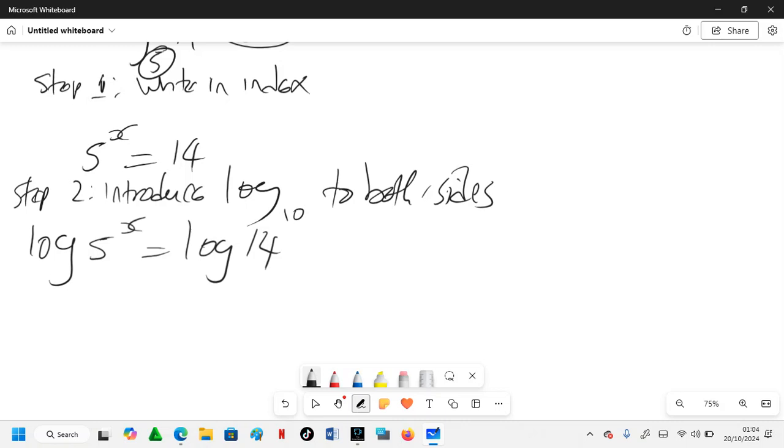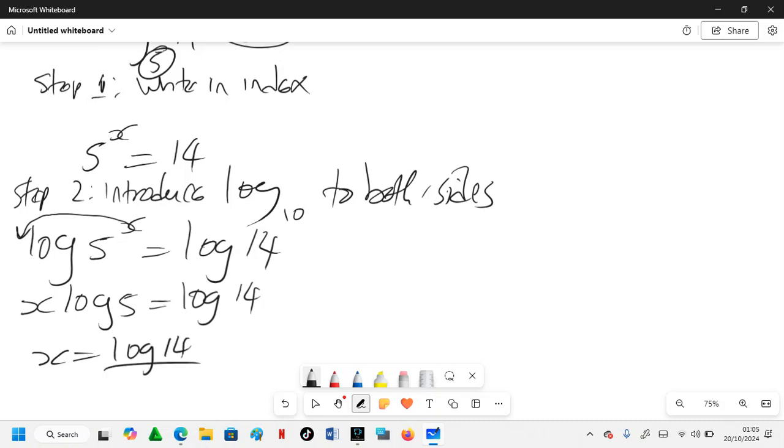So that's x log 5, we're dropping the x, will be equal to log 14. So x will be log 14 over log 5.